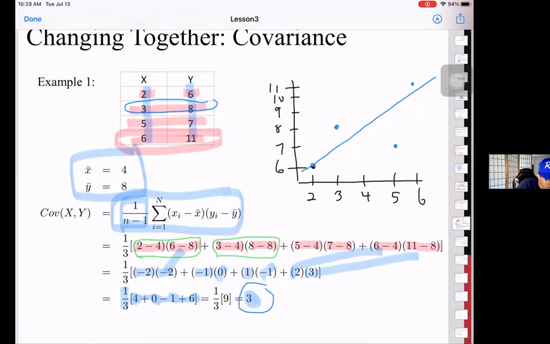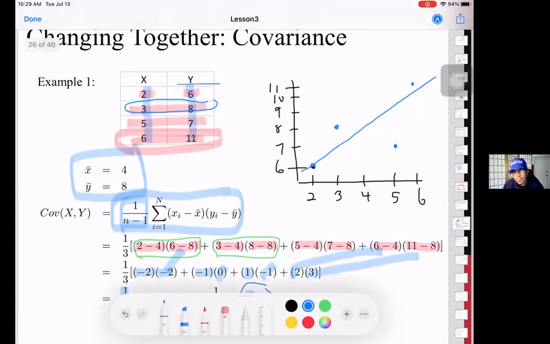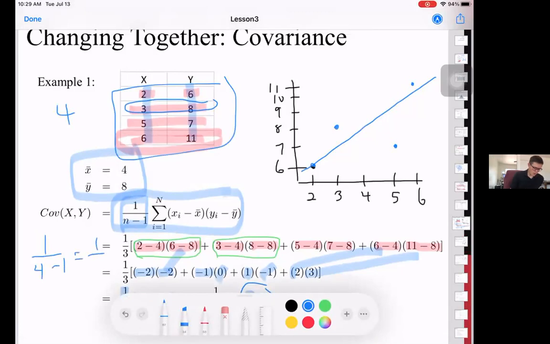Just to clarify, you got your 1/3 from plugging in 4 on the end? Yep. We just said how large is the data set? Data set is 4. So we get 1/3 by saying 1/(4 minus 1) is 1/3. All right, thank you. Yeah, my pleasure. Thank you for asking that.